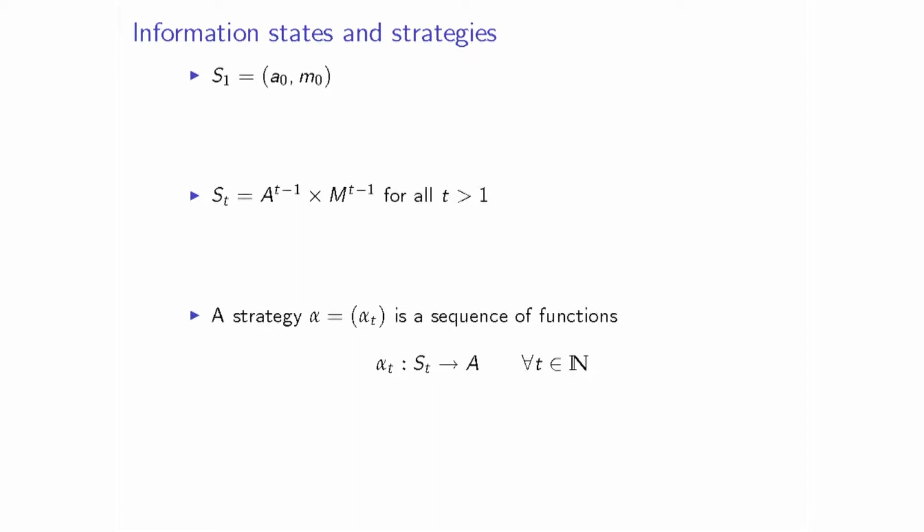At time t strictly greater than 1, his information will consist of a finite history of actions he took, so we are assuming that he has perfect recall, and a finite history of messages, the ones that he received by playing actions, containing the finite histories at t minus 1. A strategy is nothing else than a sequence of functions that, for each information state, prescribe to the decision maker an action to take.